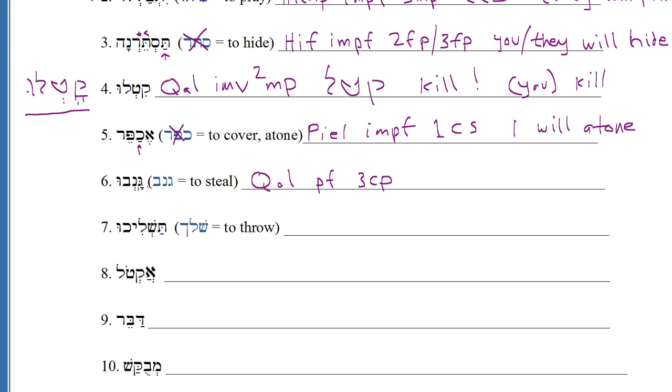The u ending and the lack of a prefix and the comets under the first root letter is telling us that we have a cal perfect. Remember that under number 4, if we have a hirek there, we're looking at an imperative, but the comets is our key that we're looking at a cal perfect. So cal perfect third common plural of ganav, which is to steal, and so they stole.